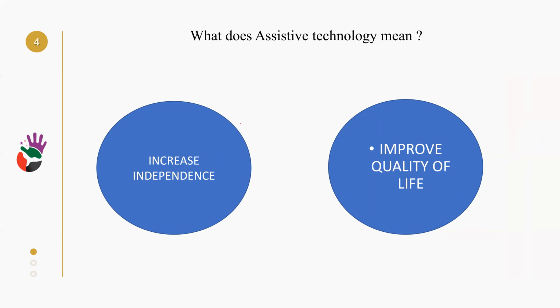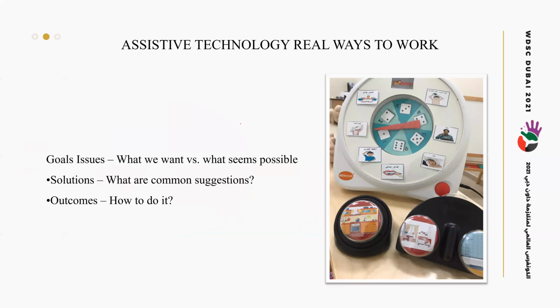As we mentioned before, what does assistive technology mean? It's improving the quality of life for the children and increasing their independence. So how does assistive technology really work? As we mentioned, there are groups of assistive technology and they are different.